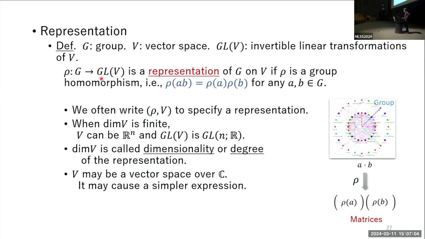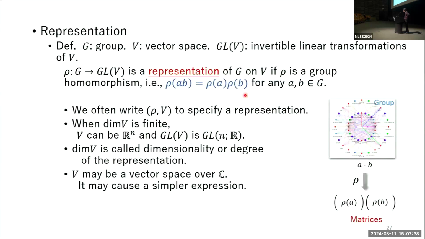The group representation is simply a mapping from the group to the invertible linear transformations, so that the group multiplication is mapped to matrix multiplication. So the element AB should be mapped to the multiplication of two matrices, rho(A) and rho(B). This is the definition of group representation.